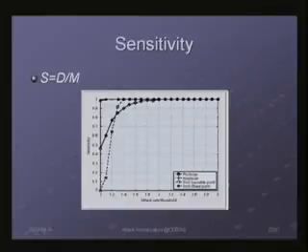Okay, S is the sensitivity here, D is the number of detections, and M is the number of mounted attacks. And the result seems to be that, for some types of attacks, the sensitivity is very high. The x-axis here is the attack rate over threshold. It means that if the threshold is set to, say, 50 packets per second, and the attack goes over 50 packets per second, then it's an attack.